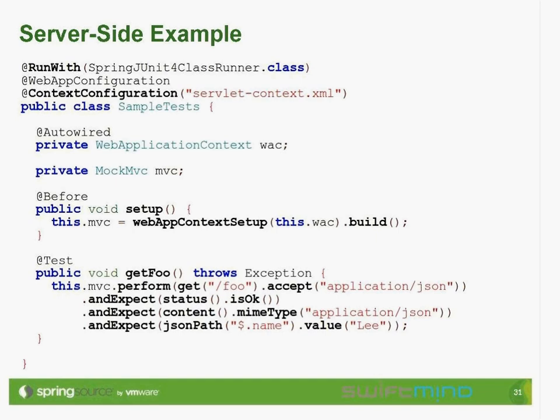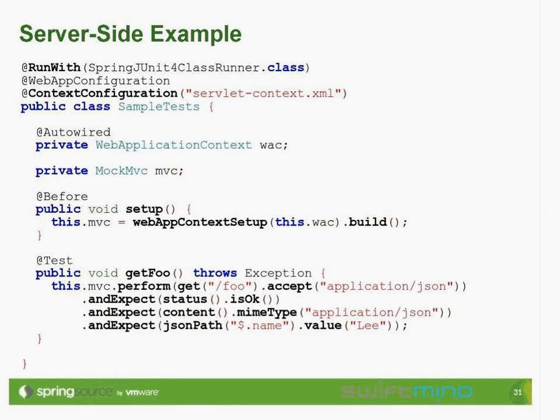This is the main class for the server-side testing support. As you can see, in this case, we're doing something very simple, where we're just referencing our web application context configuration and requesting that to be built. This is using a builder style option, and there are lots of other methods that we will see a little bit later on that you can use, but this is the simplest possible setup that you can have.